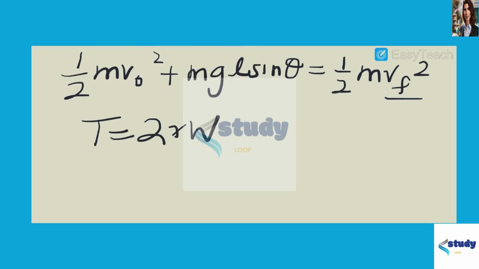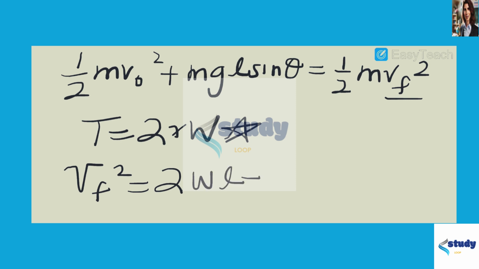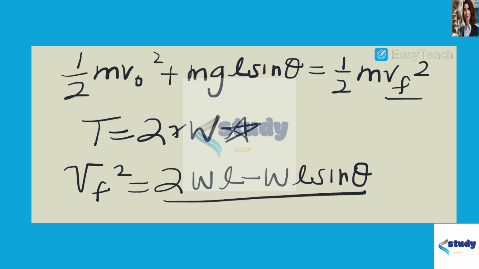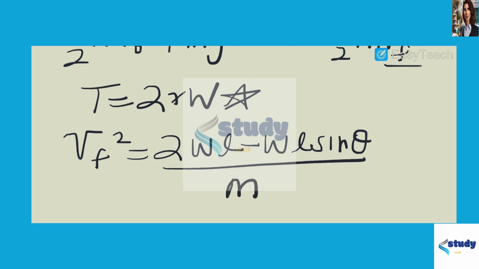So, solving for v final squared and knowing that the tension is equal to 2 times the weight, we see that v final squared will be equal to 2 times the weight times L minus W L sine theta, all over the mass.